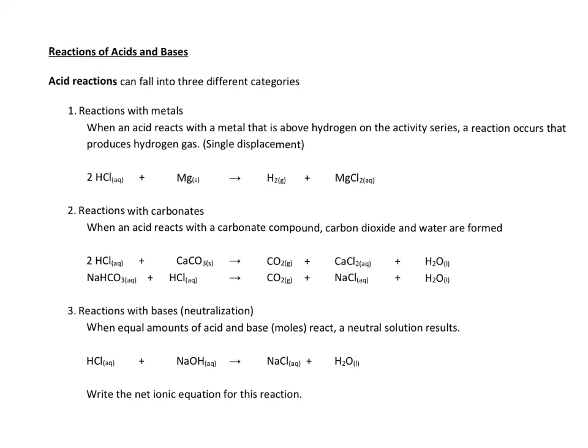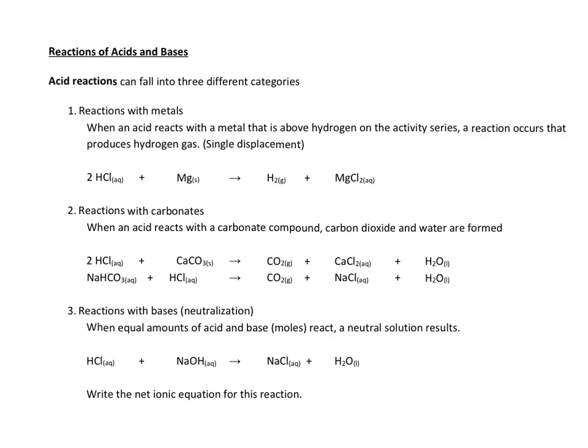Reactions with bases. These are called neutralization reactions. You get an acid and a base, and you will always make a salt, an ionic compound, and water. It says here, what is the net ionic equation for this reaction?